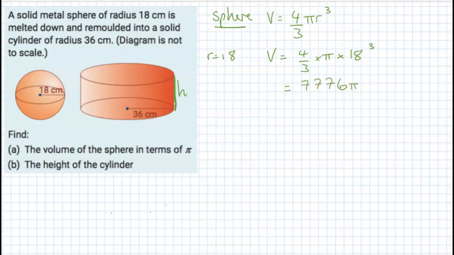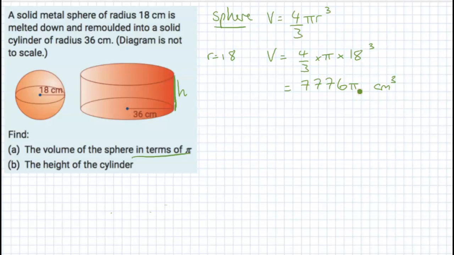And as a multiple of pi, in terms of pi, that is 7,776 pi. And you don't actually need to know what that is as a value. All we know is it's 7,776 lots of pi. So that is the volume of the sphere.